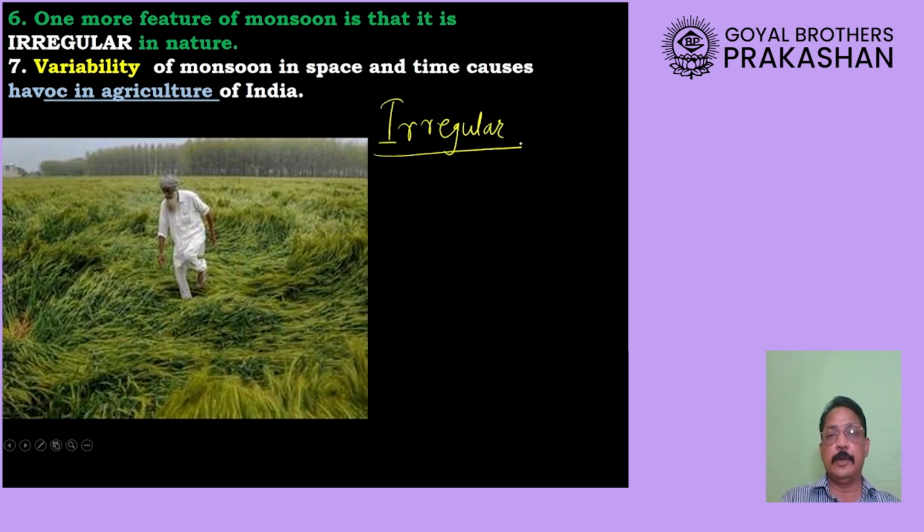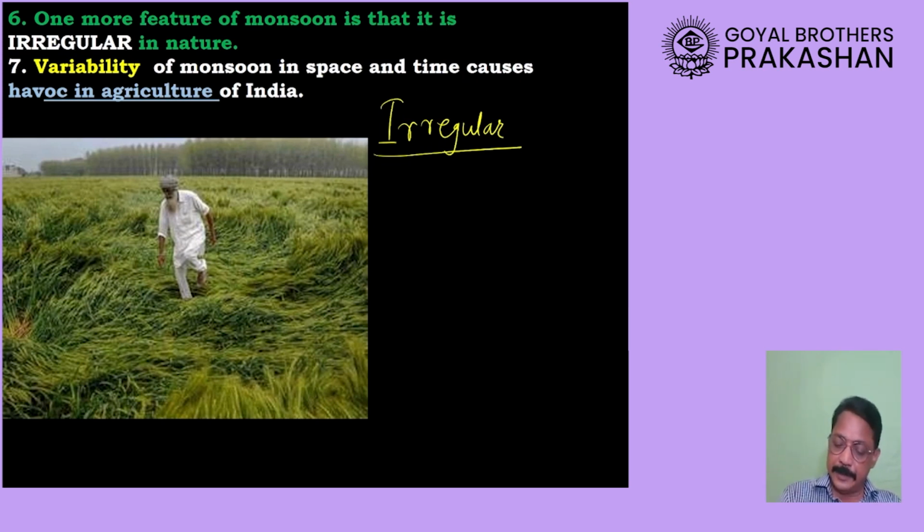The meaning of the word irregular is that it does not come on time. For example, when we say that in Kerala it is going to arrive on 1st June, it is not necessary that every time it will come exactly on 1st June. It might arrive 1 week before, it might arrive 1 week later. So that means it is irregular.